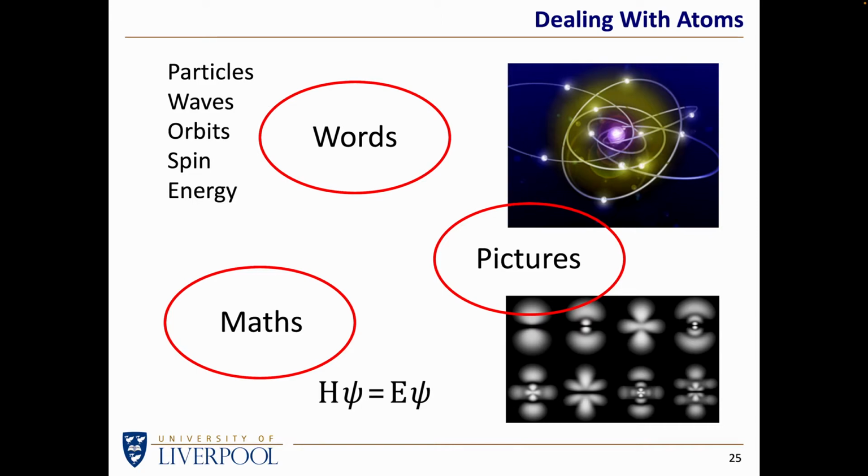Of course, if we want to teach quantum mechanics to anybody, including students at university, we can throw the maths at them, fine, but we have to be able to interpret what the maths is telling us, which means we need to describe things using words and quite often using pictures, because we humans, generally speaking, understand things better if we have a picture in our heads. We're fairly visual animals. If we have a picture in our heads, it helps us understand what it is we're dealing with. So maths is the core of how we deal with atoms. Words and pictures might help us back that up.